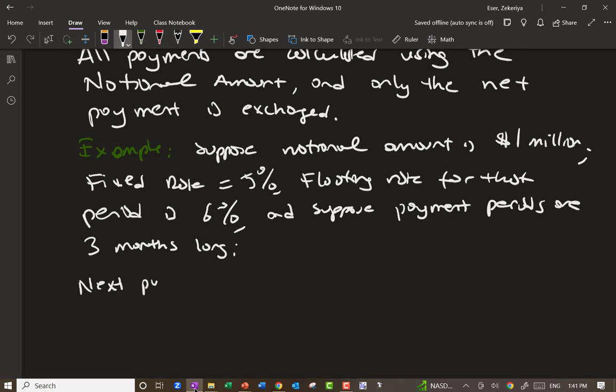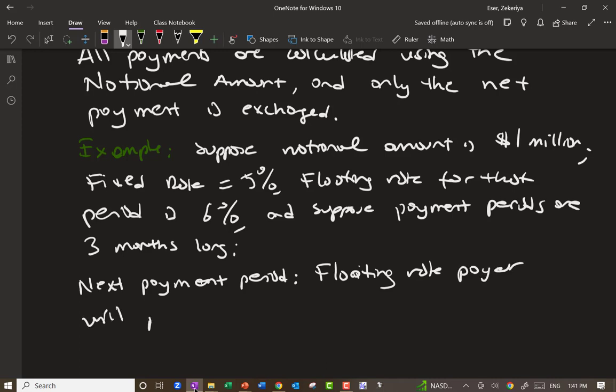So next payment period, floating rate payers will pay 6% divided by 4 times 1 million, which is going to be 15,000.